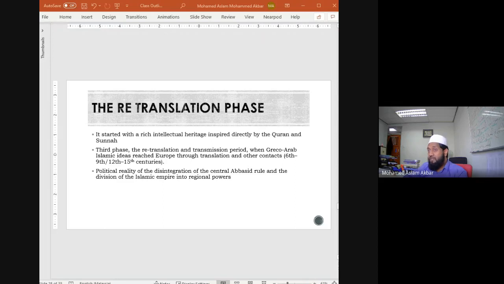The second one was the one who tried to distinguish between these ideas, taking the good philosophy from the Greeks, but at the same time always wanting to prove Islamic supremacy. The third group are those deeply influenced by Greek ideas, and they started interpreting Islamic articles in such a way as to accommodate the philosophical ideas.